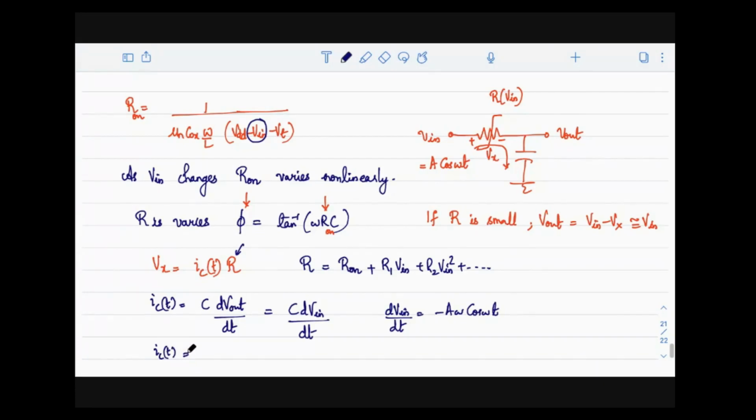So instead of telling that in a statement, I'm trying to express it. Right. So what is IC of t in this case? IC of t is minus A C omega sin omega t. Right. Now, with this, if I write what is Vx?